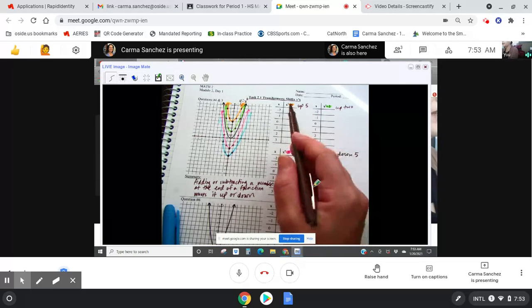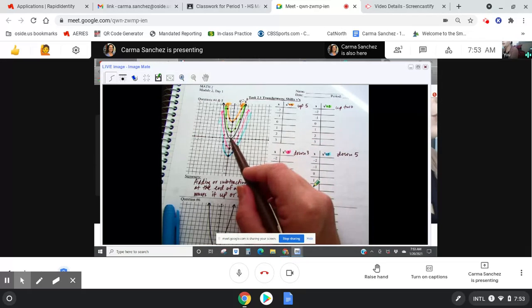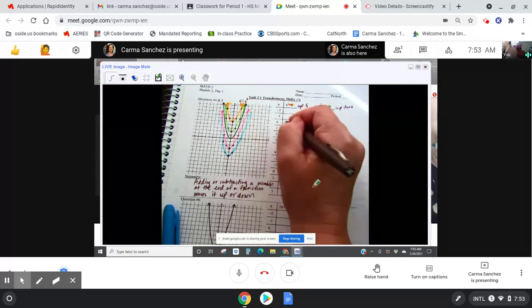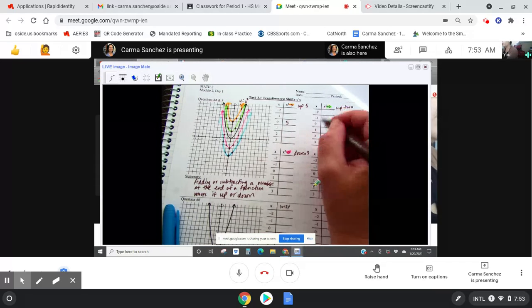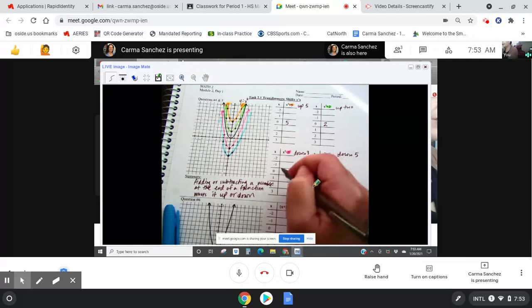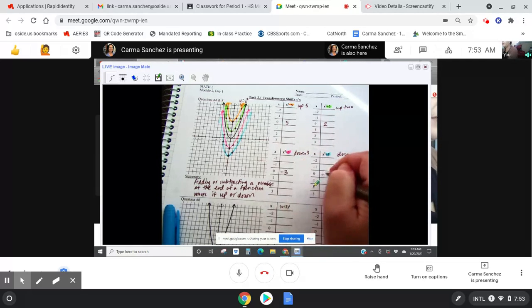So for example, this one here went from the origin up 5, its new vertex is at 0, 5. This one was originally at the origin of 0, 0, and now it's at 0, 2, up 2. This one's at 0, negative 3. This one's at 0, negative 5.